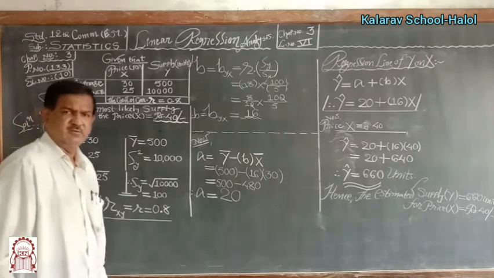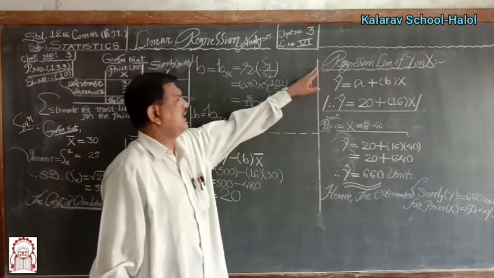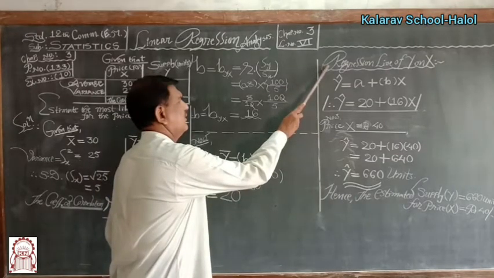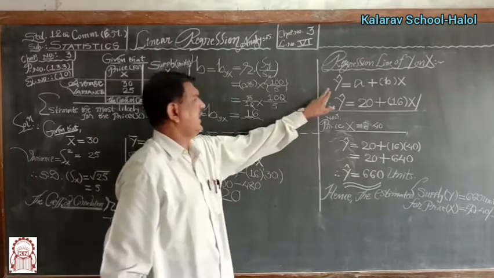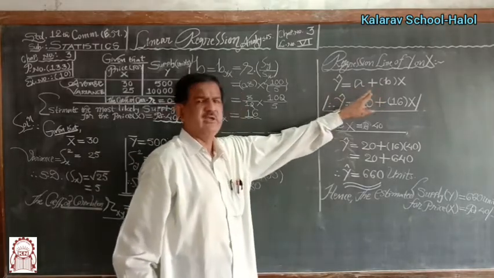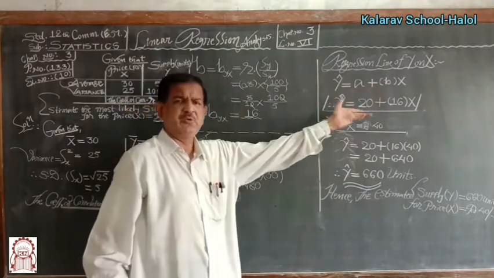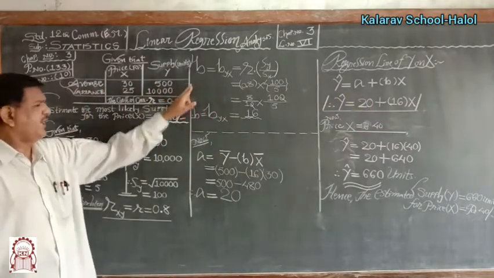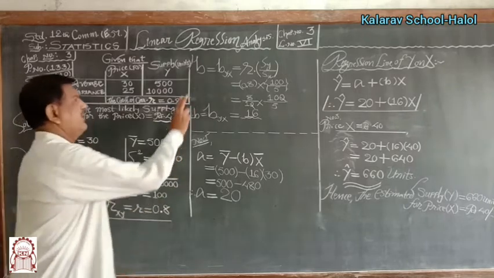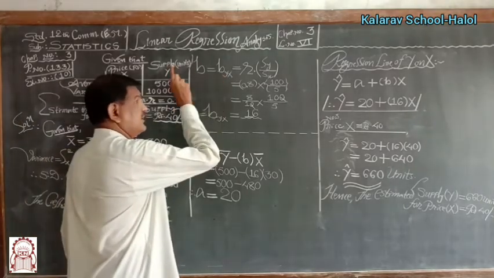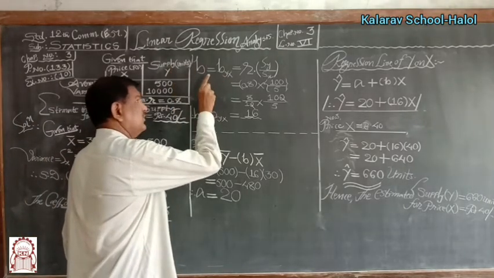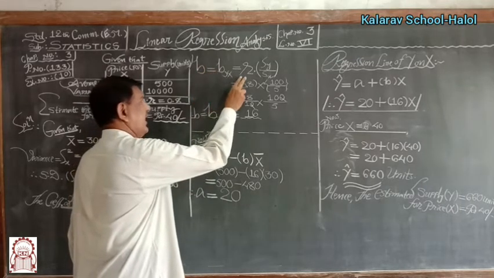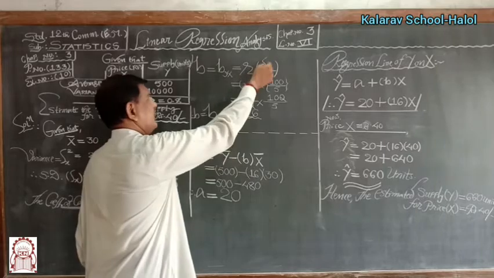For constructing the regression line of y on x, the regression line of y on x is given by y cap equal to a plus bx, in which a and b are constants. How to determine these constants a and b? First of all, we calculate b and then a. b means byx. If this is the regression line of y on x, this is the regression coefficient of y on x. byx is given by r into Sy upon Sx.